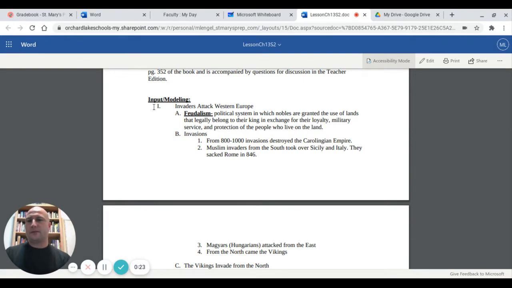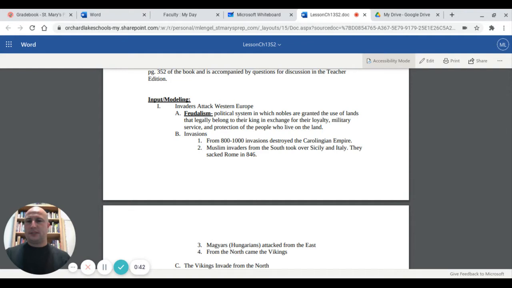Well, really, the key point here in the beginning is that feudalism came about because of the multiple and numerous invasions that were happening on Western Europe during this time. So that's where it starts with Roman numeral 1, invaders attack Western Europe.